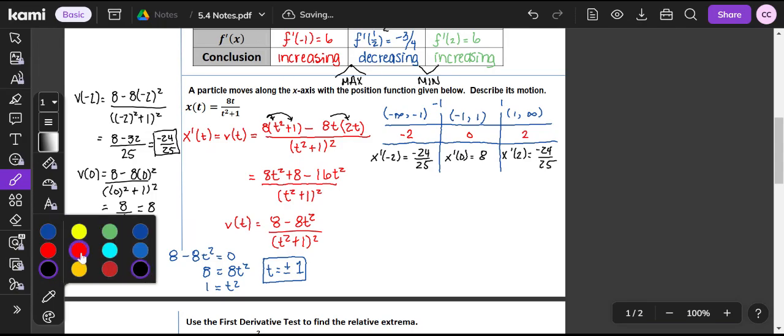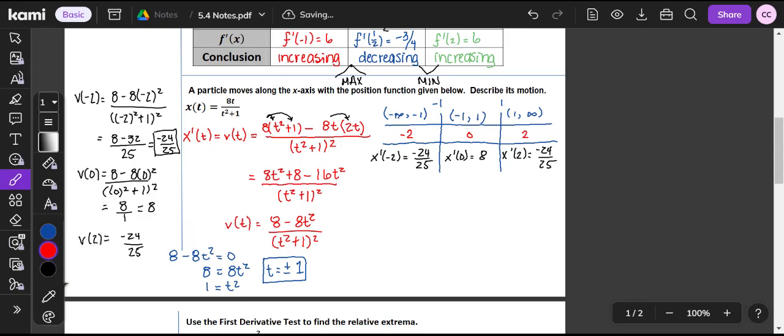Okay, and then finally, I can make some conclusions here. So negative derivative means my function is decreasing along this interval. And that would be okay to write, except we're talking about a particle and it says describe its motion. So I want to be more specific than decreasing. I want to say, if you guys remember particle motion, if the velocity is negative, that means the particle is actually moving left.